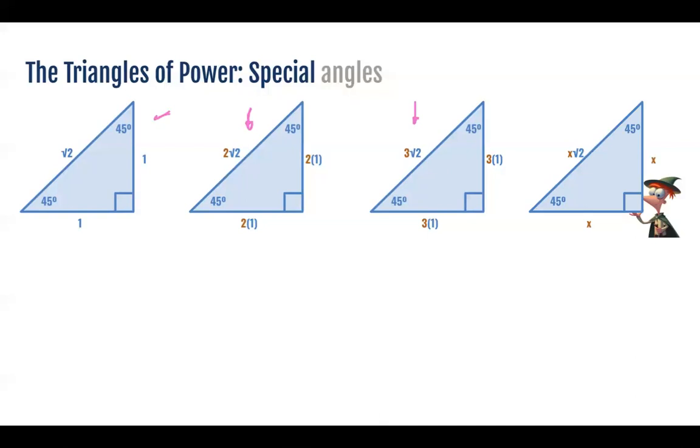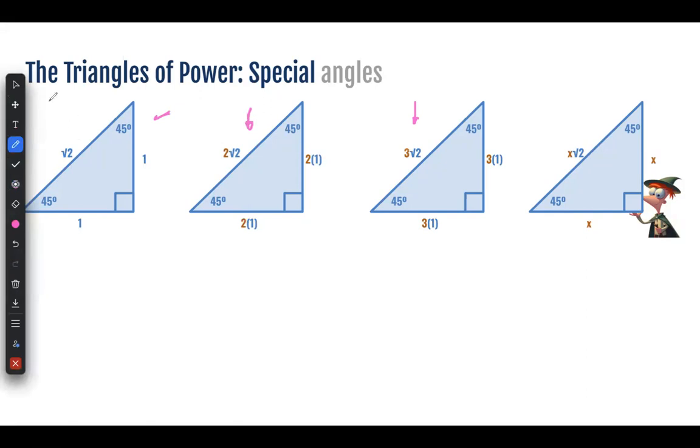If you know the sides opposite to the 45-degree angles, you can state the following: whatever the length of this side is going to be equal to the length of this side here. As you can see, 3 and 3, 2 and 2, 1 and 1.